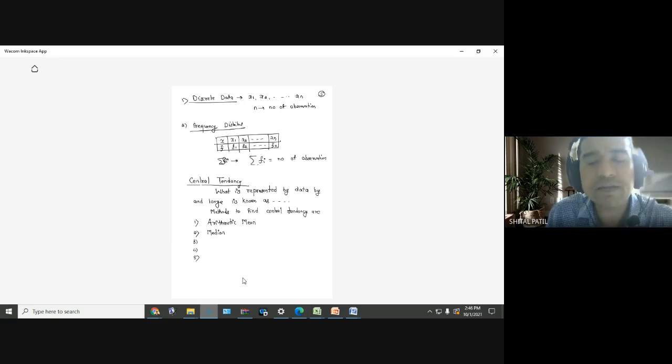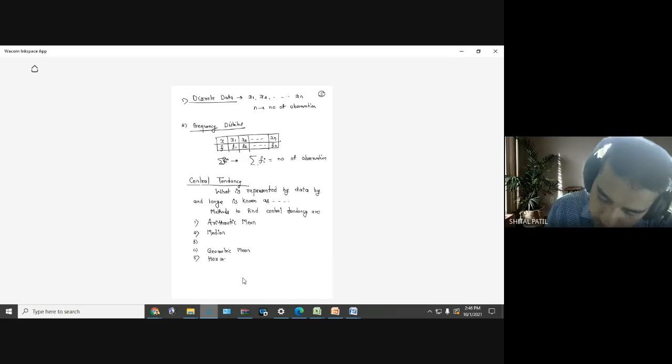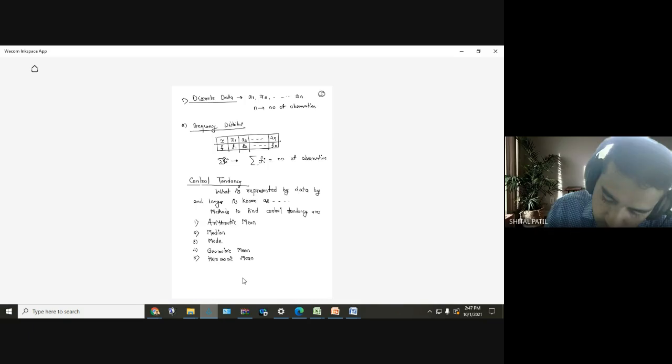Five ways are there. Geometric mean. Absolutely. Anything else remaining? Harmonic. Absolutely. One is remaining. Mode. Absolutely. Mode. Very good.